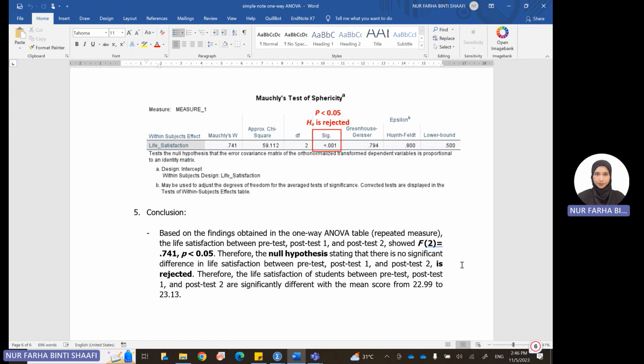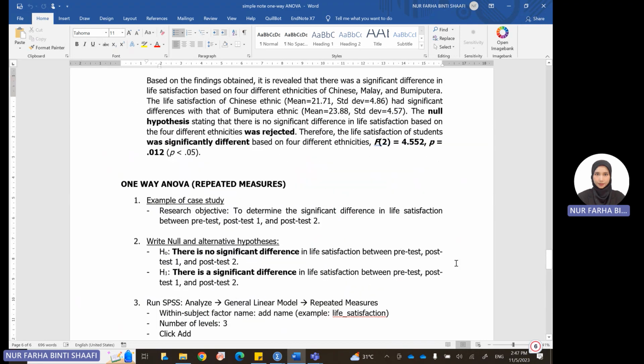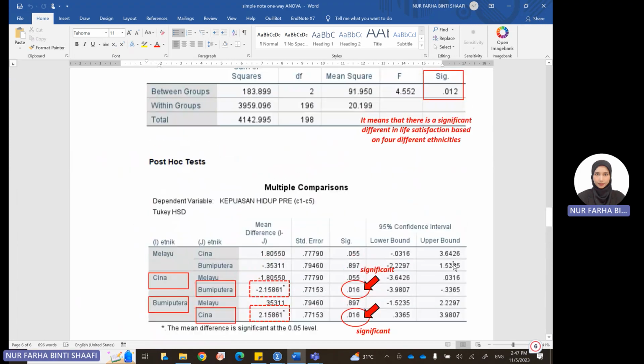For example, the second one-way ANOVA just now: if your significant value P is less than 0.05, your null hypothesis should be rejected, meaning there is a significant difference in these two variables. So if there is a significant difference, what you need to do? You need to click on Post-Hoc, Tukey. From there, you can have your table here.